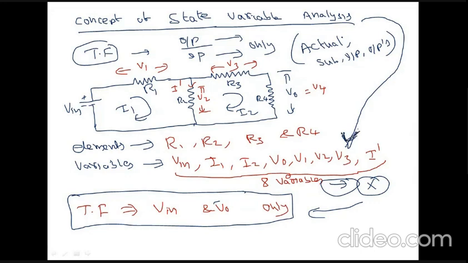So a simple definition of state variable is: from the concept of transfer function, we won't get the information of all the variables, but with the concept of state variable analysis, we will get the information related to each and every minor variable also.